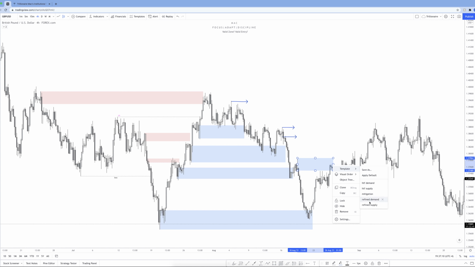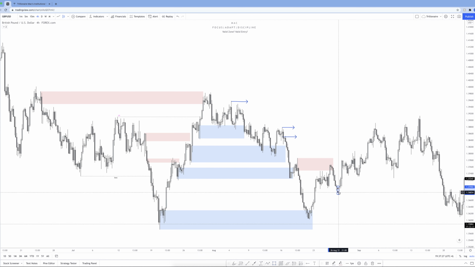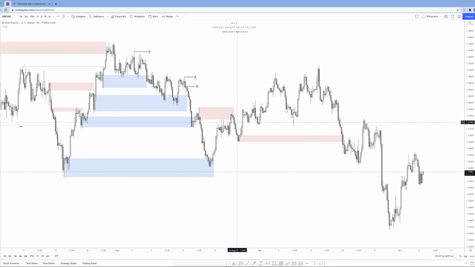But I want you guys to go test this for yourself. So let's do refine supply, we react here. Okay, and then it's going to do the same thing, but just flipped, right? So we react to this supply here, all right? Push to the downside, demand comes into the market in order to take out this supply. Okay, so we have demand here. Price pushes to the upside.